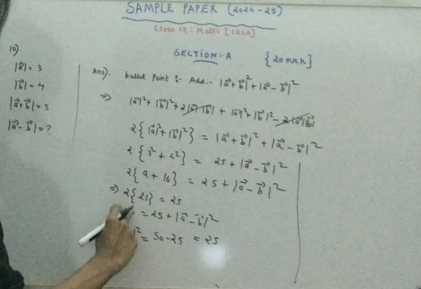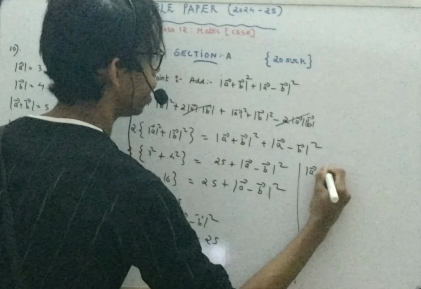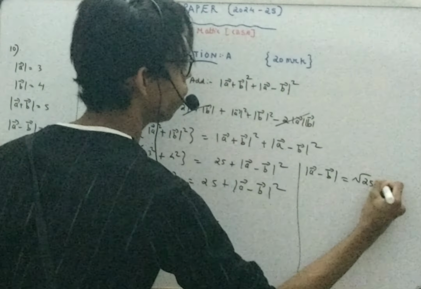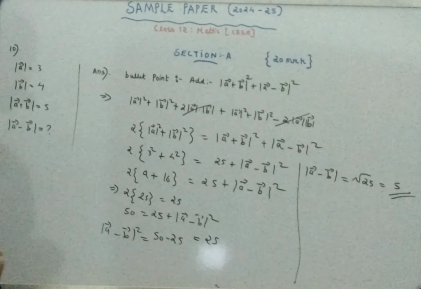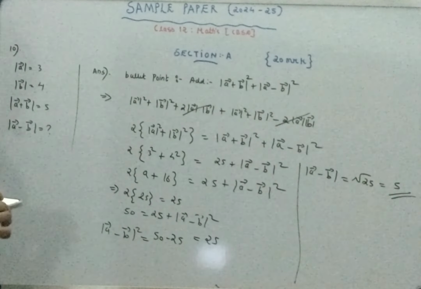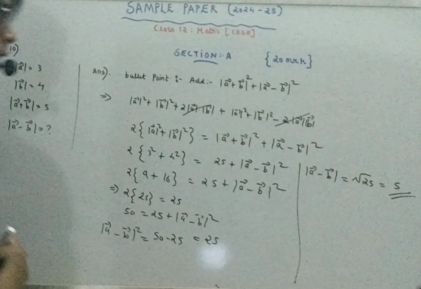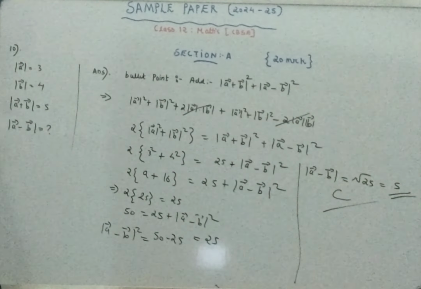This is A minus B the whole square, so A vector minus B vector is equal to the square root of 25, which is 5. So we get the answer equal to 5, which is option number C. So option C is the correct answer. I hope it is clear.